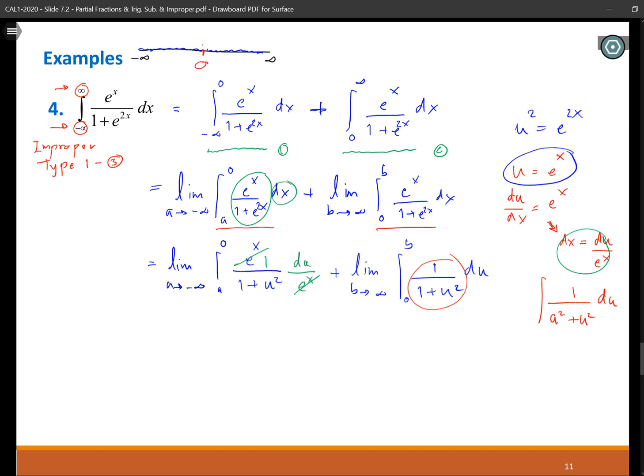And if you can recall, this is the one with the arctan. This is going to be equal to, well, we can go right with our work here.